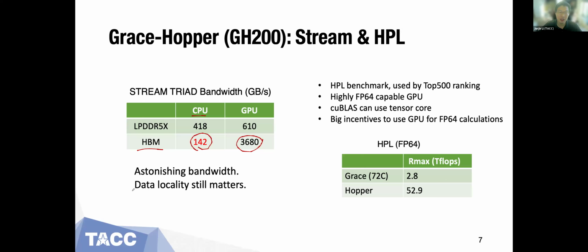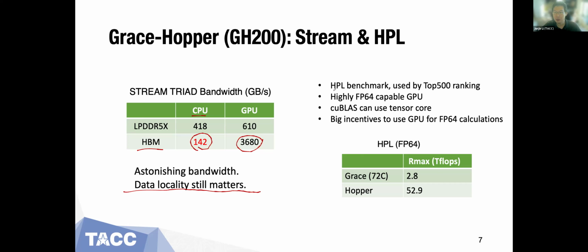What that means is even though the NVIDIA and CUDA people may tell you that on Grace Hopper unified memory, data movement doesn't matter and you don't have to care about it, data locality still matters a lot. You do have to worry about all of those if you care about performance. And we're going to see how much data movement costs later on, when I show you the test numbers for real applications.